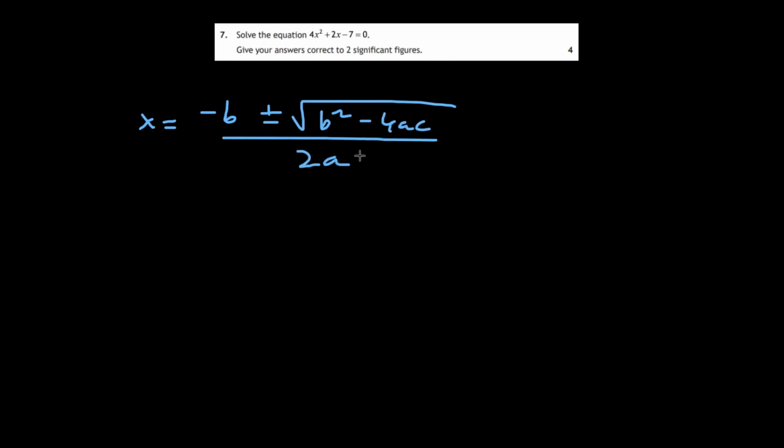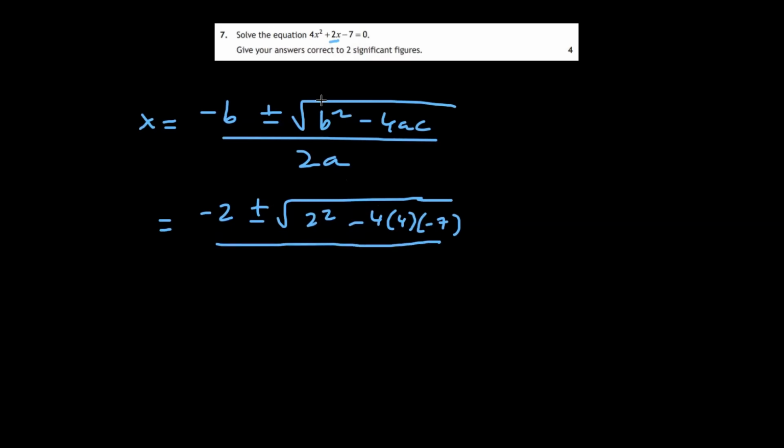So you get that in the formula sheet, and it's just minus b plus or minus root b squared minus 4ac over 2a. So for this equation, that would be minus 2, so that's the b value, plus or minus root 2 squared minus 4 times 4 times minus 7, so that's c, over 2a.